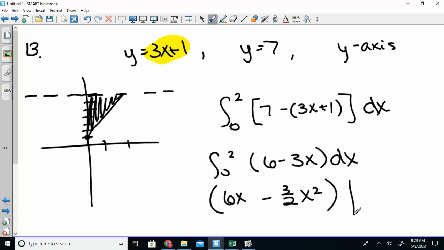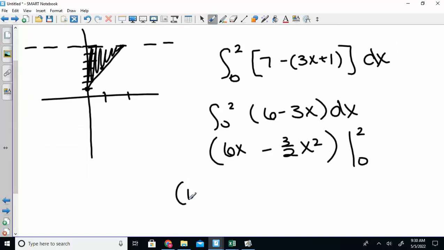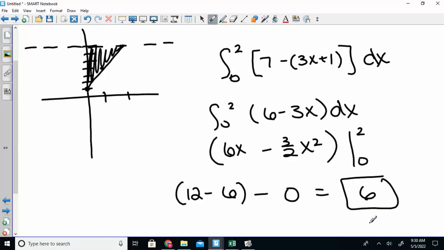6x minus 3 halves x squared. Plug in 2. So 4 times 3 halves, 6. Plug in 0 and you get 0, so our final answer is 6. Hey, easy way to check this. What shape is that?